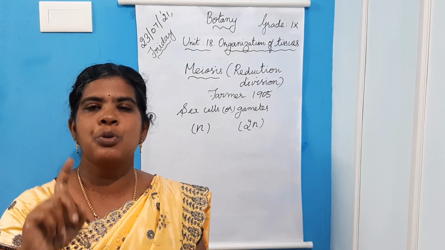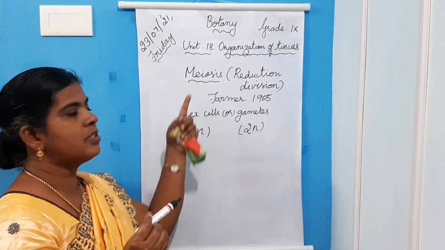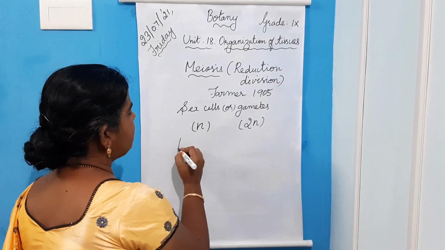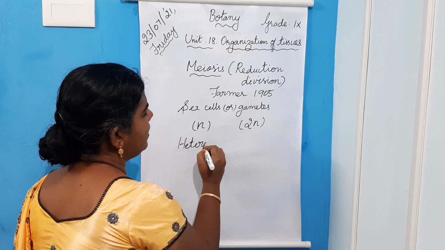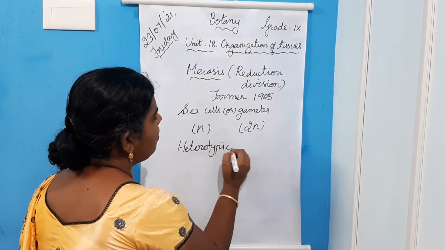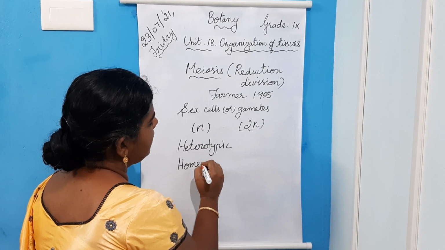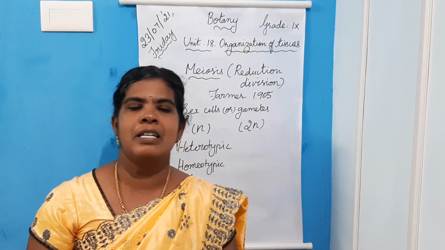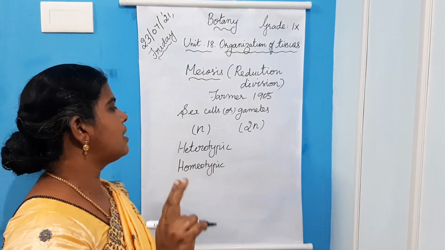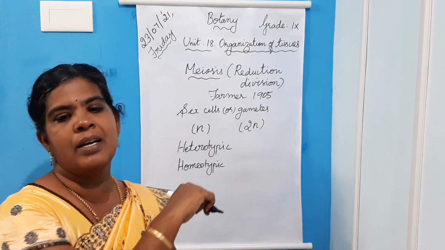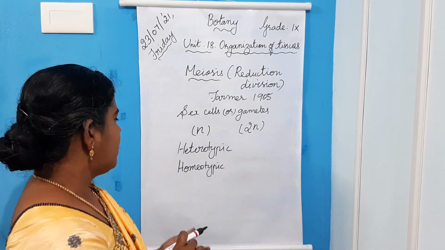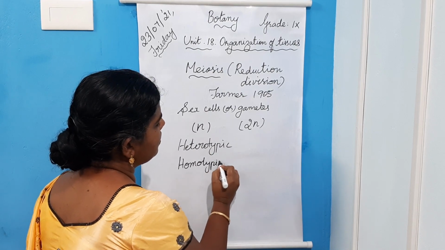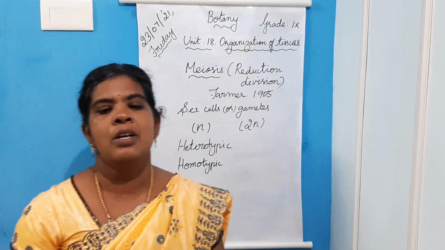Meiotic division consists of 2 divisions: heterotypic and homotypic. Okay, these 2 divisions are there in meiosis cell division.